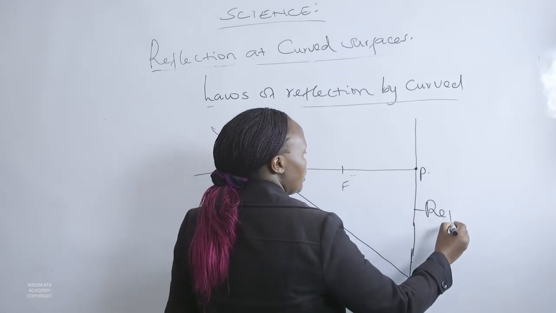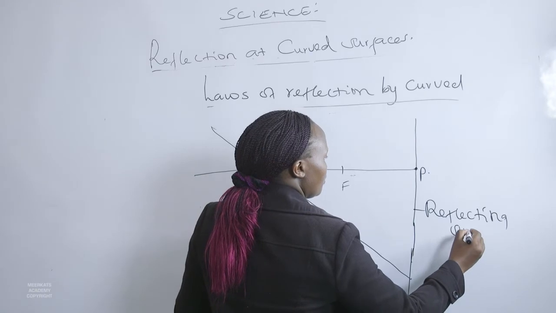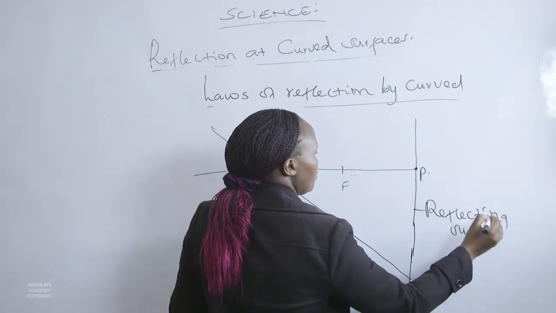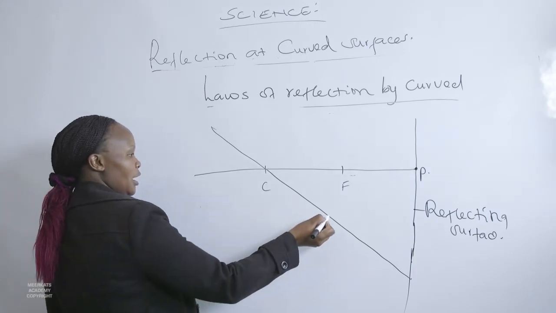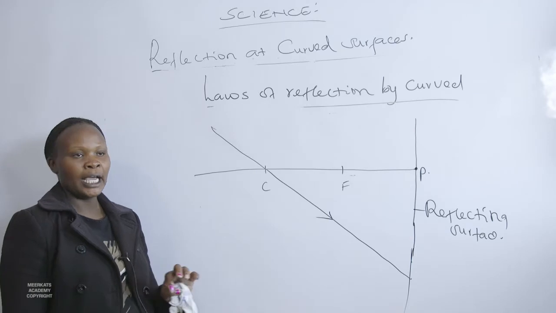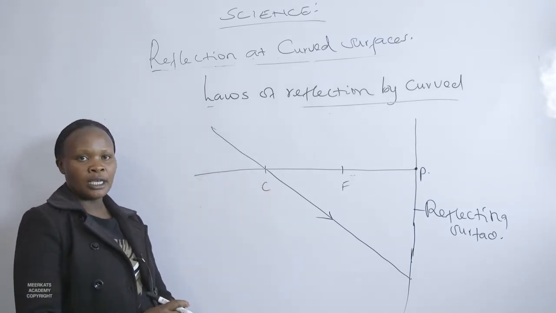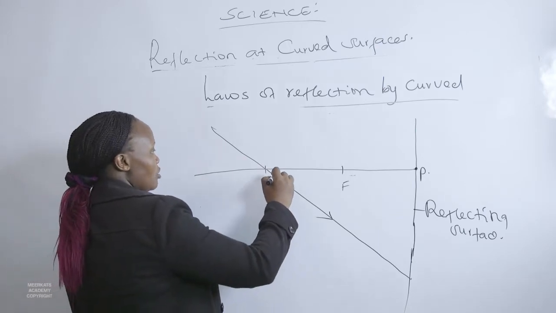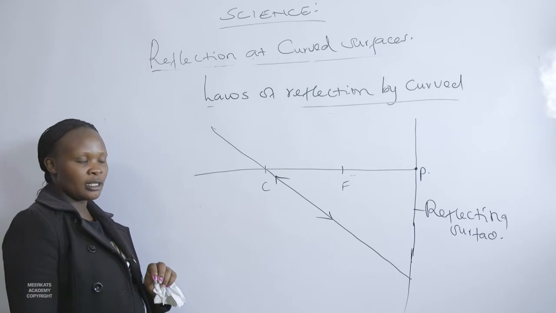This is the reflecting surface. And we have a ray incident to the reflecting surface at some point and passing through C.